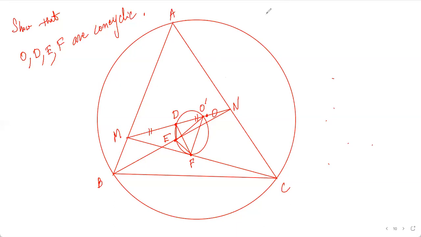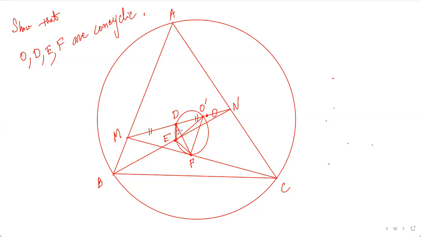Now let's trace some angles. This is the angle subtended by EF.